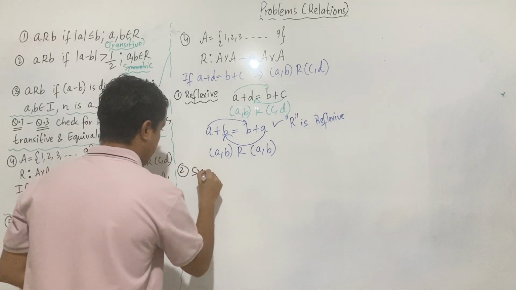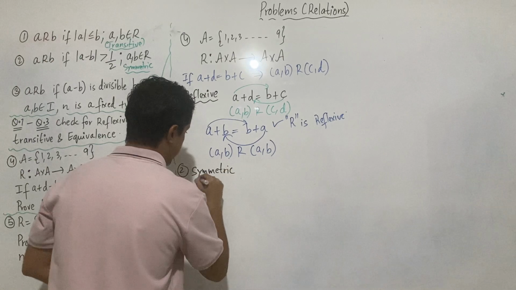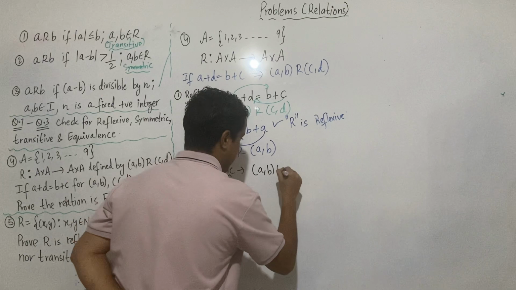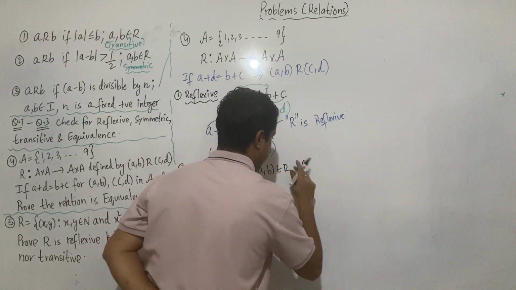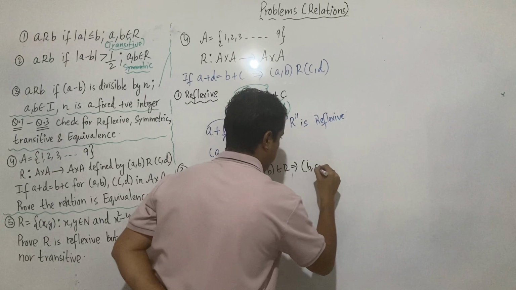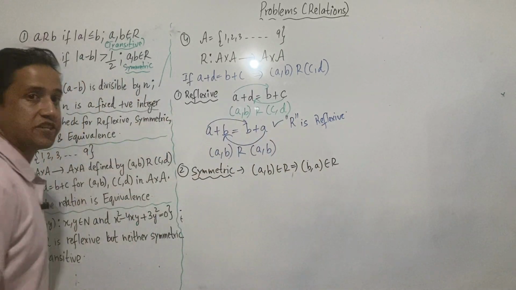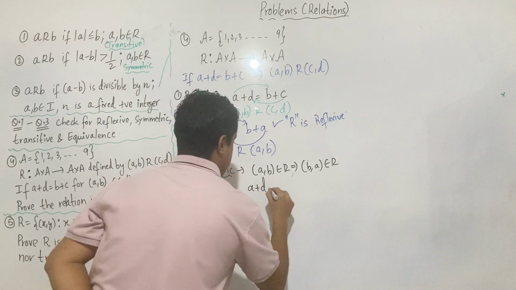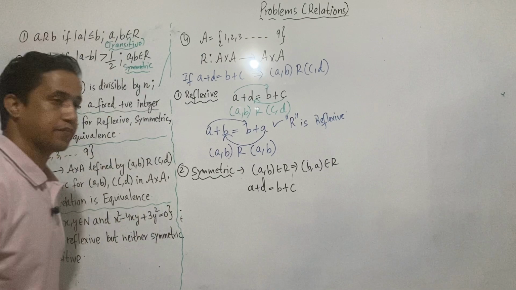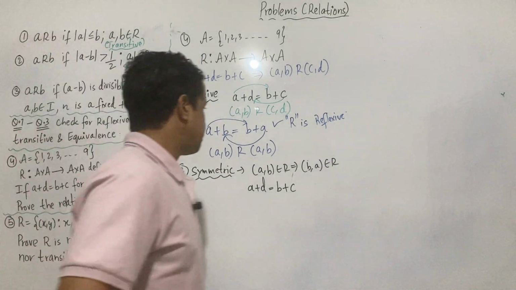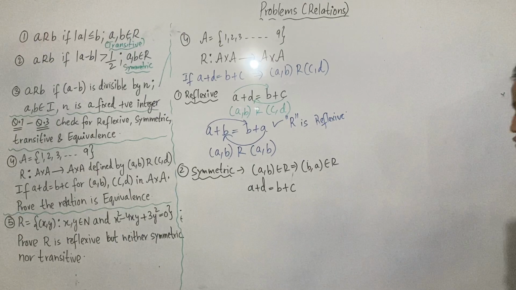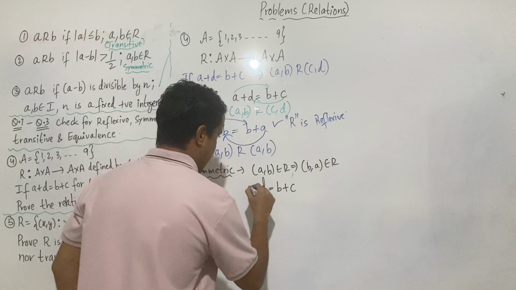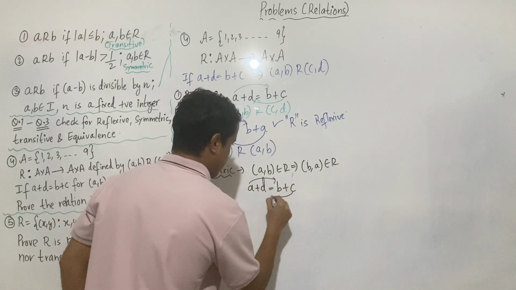Symmetric. The definition says that if A is related to B, then B must be related to A, right? So here, if A plus D is equal to B plus C, which says that AB is going to be related with CD.